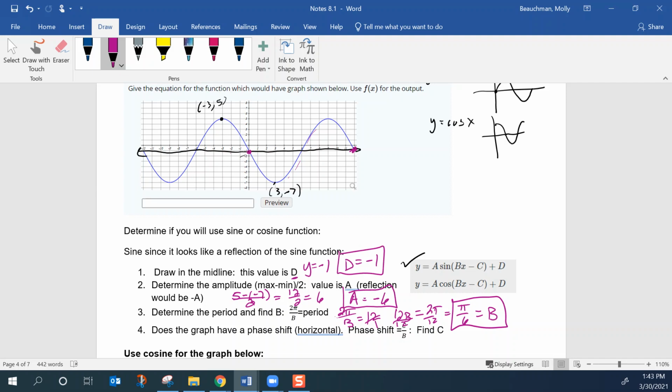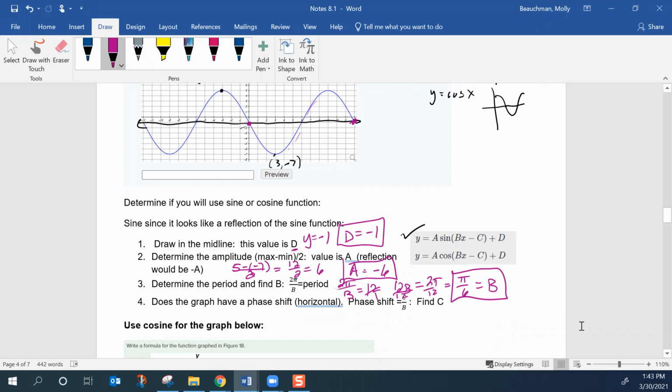The last thing we have to find is whether the graph has a horizontal shift or not. If you take a look, it doesn't look like it. It starts at 0 and the sine function starts at 0, so we haven't done a phase shift. In this case, c is going to equal 0. So what's the equation for our function?